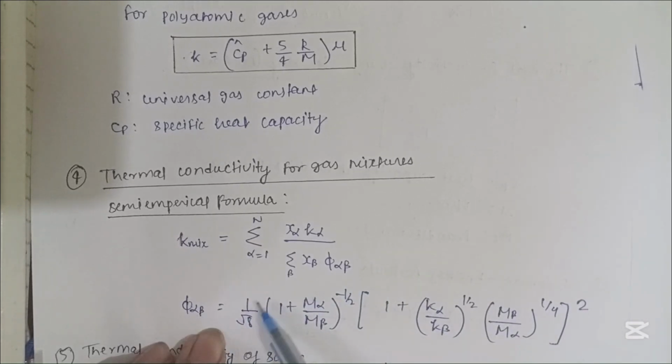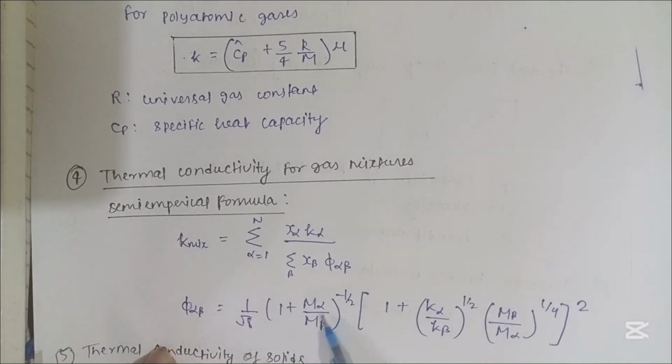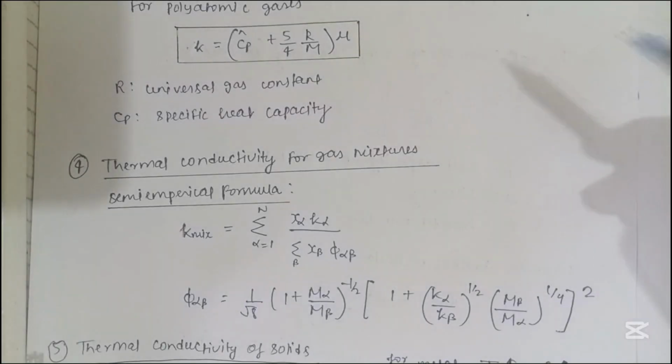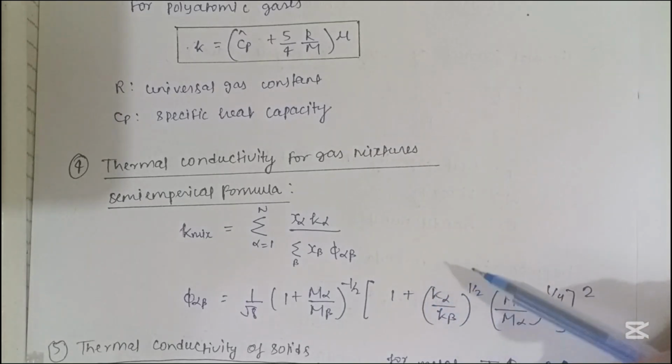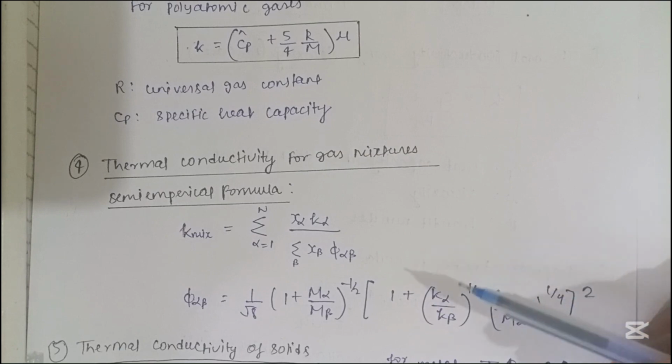Phi alpha beta is 1 upon root 8 into (1 plus m alpha upon m beta) to the power minus half, into [1 plus (k alpha upon k beta) to the power half into (m beta upon m alpha) to the power 1 by 4] whole squared, where m alpha or m beta is the molecular mass of that component. This formula is very useful for systems like air-hydrogen or methane-nitrogen mixtures where individual conductivities are known.